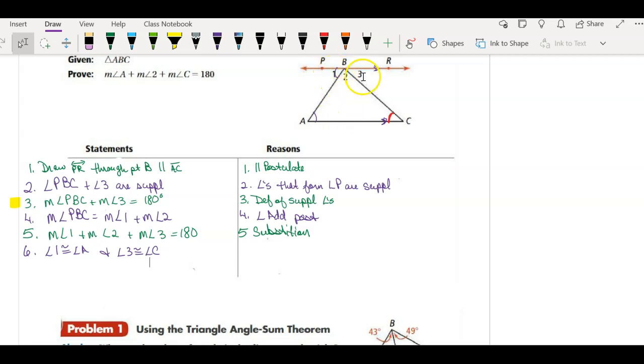Now, why can we say that these two angles are congruent? Well, if the lines are parallel, then what? Then the alternate interior angles are congruent.